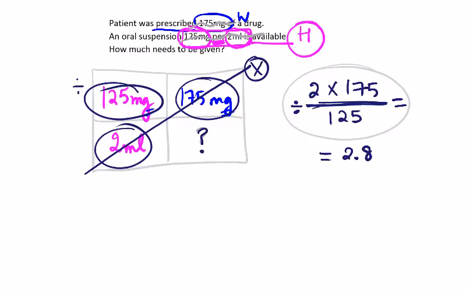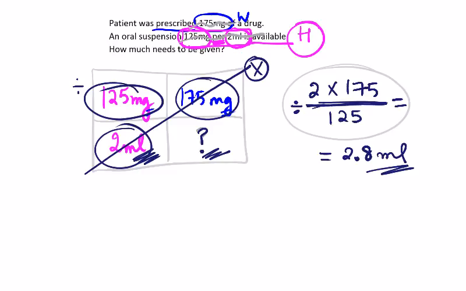Well, the question mark sitting here means it must match with the mils, and the question also says how much needs to be given. So 2.8 mils. We wouldn't round this because we can probably measure this using the syringe, which would probably have the calibration for choosing 2.8 mils.